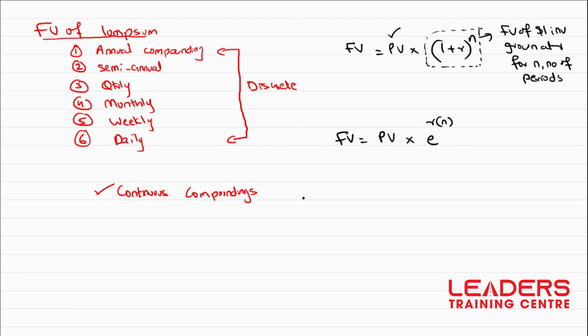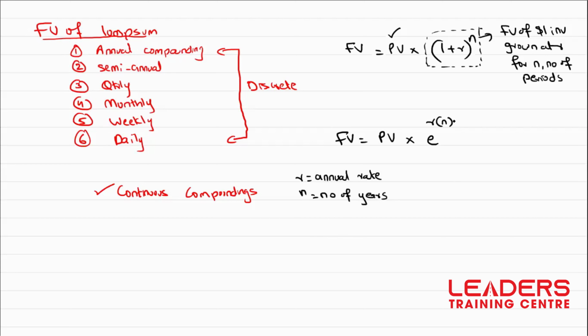So r in this case is annual rate of return. We use annual rate. Previously, we said R was quarterly rate, monthly rate, weekly rate, daily rate. We could count it, but since we can't count the number of compoundings, we are going to use annual periodicity here. So R should be annual rate, and N will be number of years.